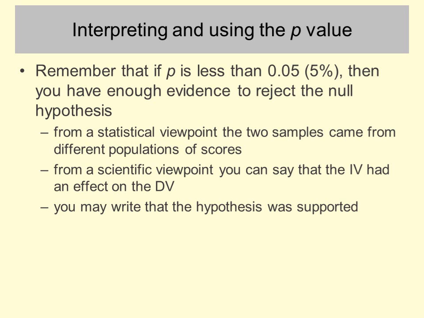Once the null hypothesis is rejected, we can say that the two samples came from different populations of scores, and from your scientific viewpoint you could say that the independent variable had a real effect on the dependent variable, and you may write in your lab report that the hypothesis was supported.